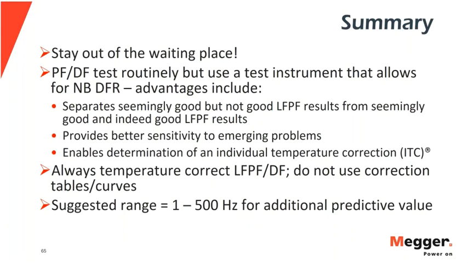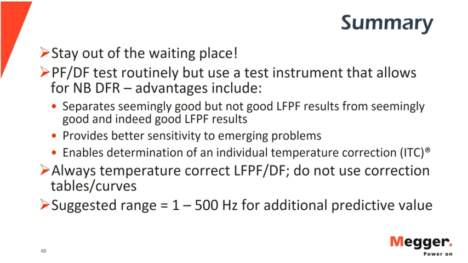But use an instrument that allows for narrowband DFR testing. The advantages are that it separates what seems like a good power factor but is really not representative of good insulation from a power factor at the line frequency that seems good and, in fact, is good.